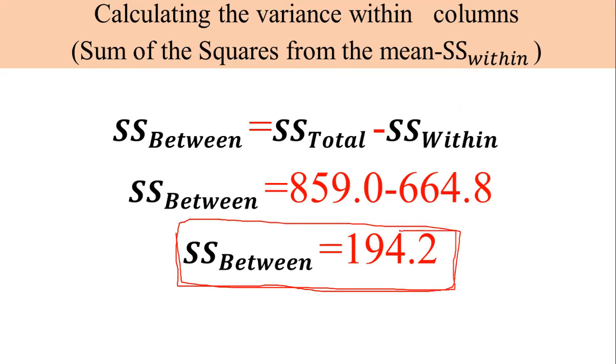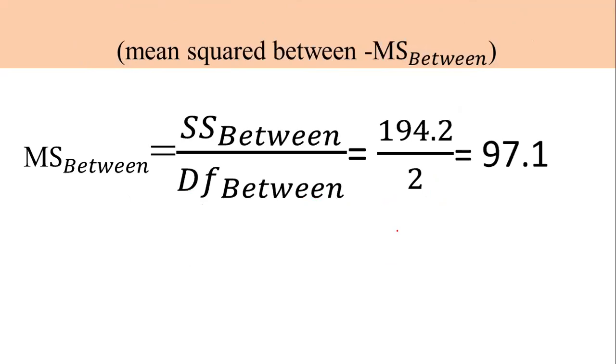Then we move to the next level. We want now to get our F critical. Now the mean squared between. The mean squared between, MS between, equals the sum of squares between over the degree of freedom between.